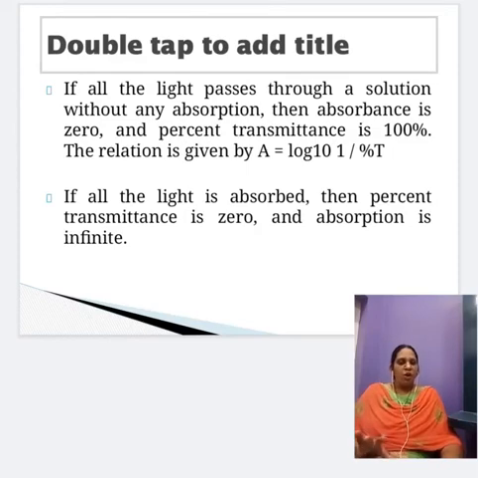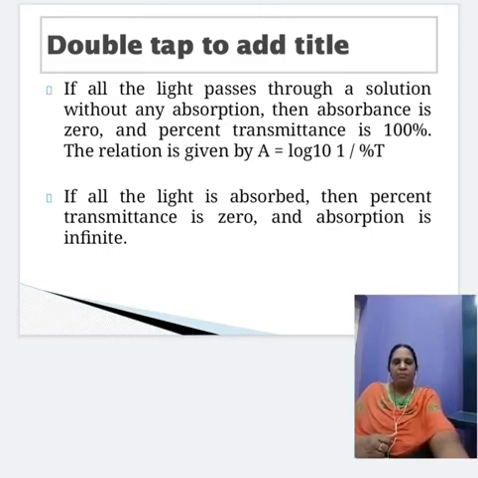If all the light passes through the solution without any absorption, then absorbance becomes 0 and percentage transmittance becomes 100%. And if all the light is absorbed, then percentage transmittance is 0 and absorbance is infinity. Okay, so let us go to the next slide.